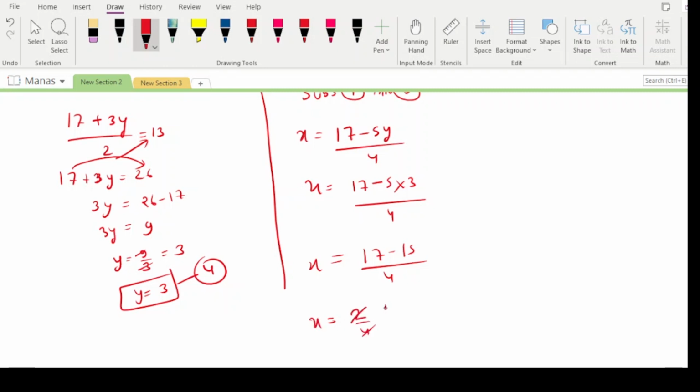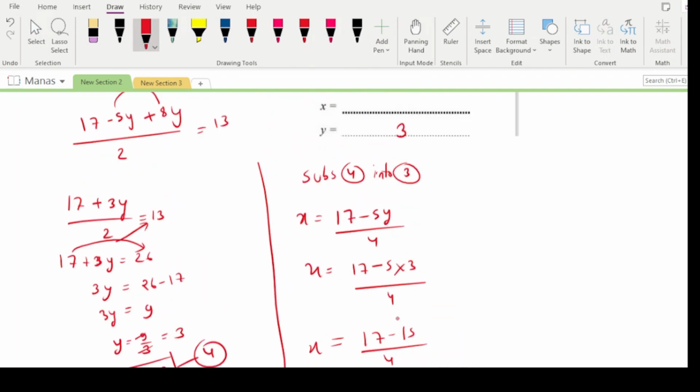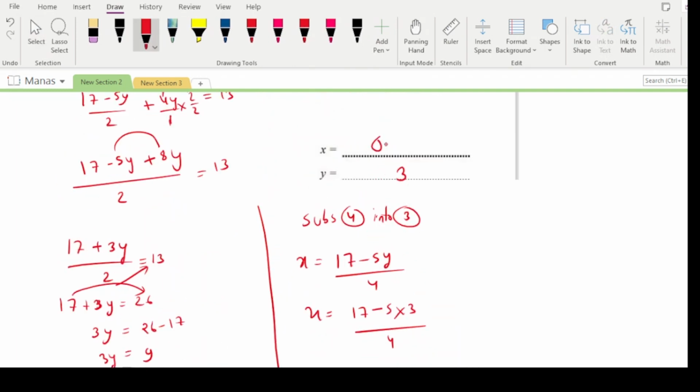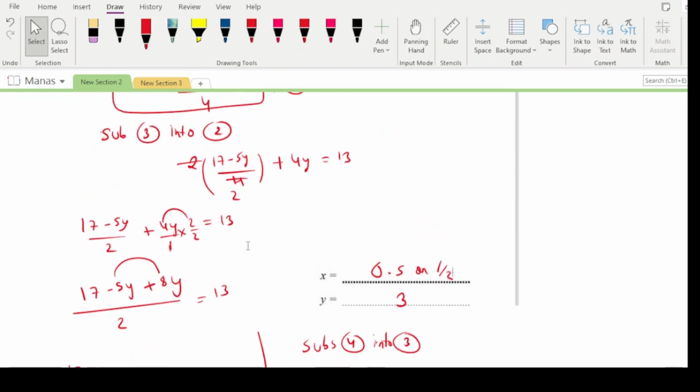If you cut it down, it equals 1 by 2, or 0.5. So you got the value of x, x equals 0.5. You can write it as 0.5 or as 1 by 2. Both answers are correct.